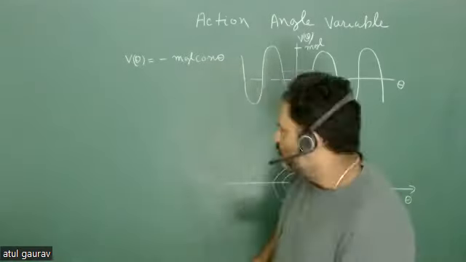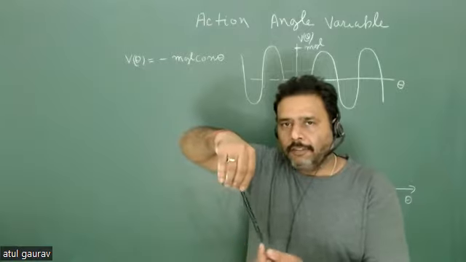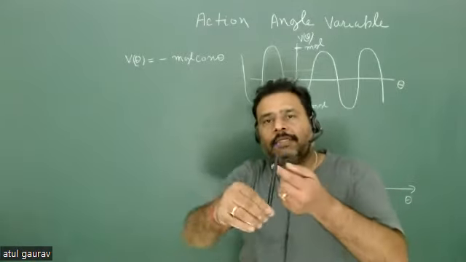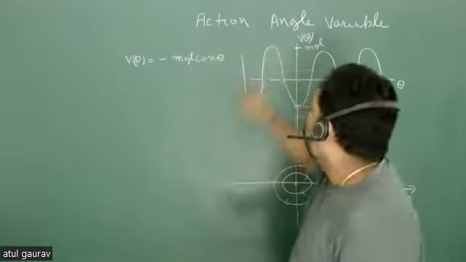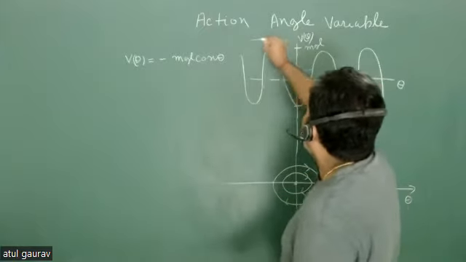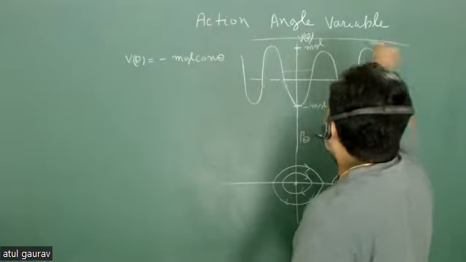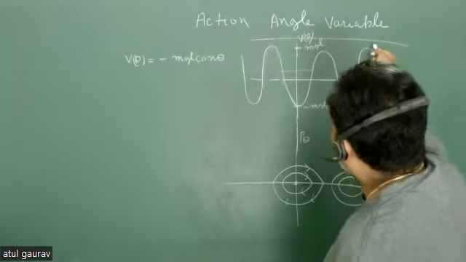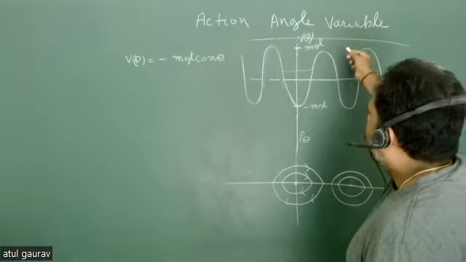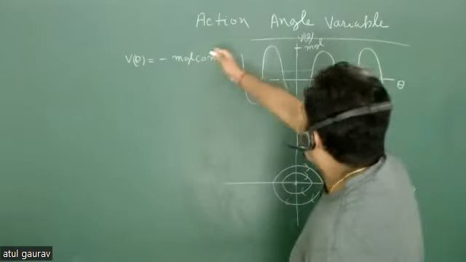Now, what will happen when my energy is greater than mgl? That means you have turned over the potential. You are actually in unbounded motion. If I have this much energy, there is no turning point, there is no boundedness.